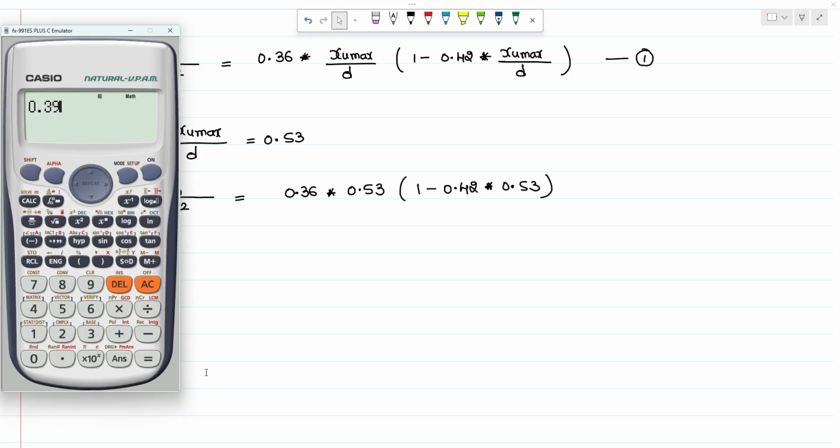So 0.36 multiplied by 0.53 again multiplied by 1 minus 0.42 into 0.53. So it will be 0.148.